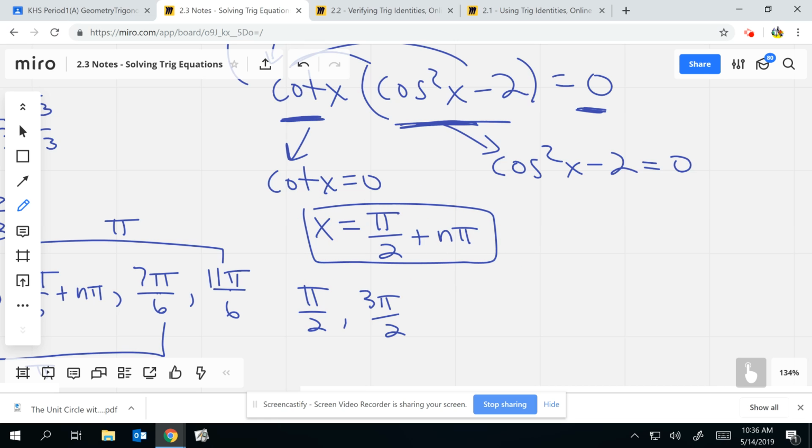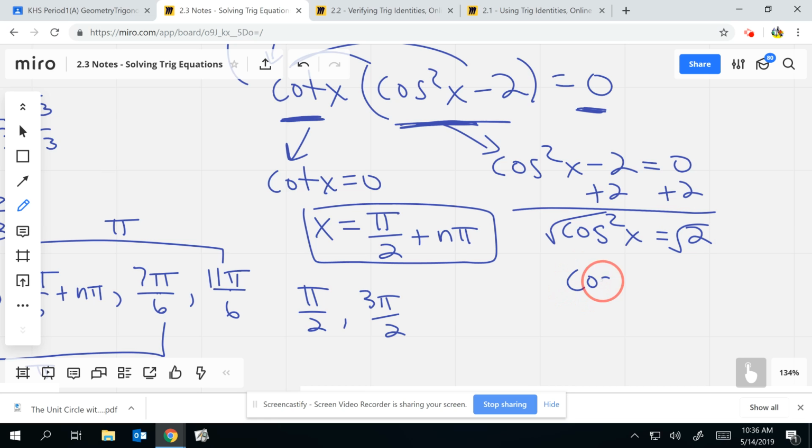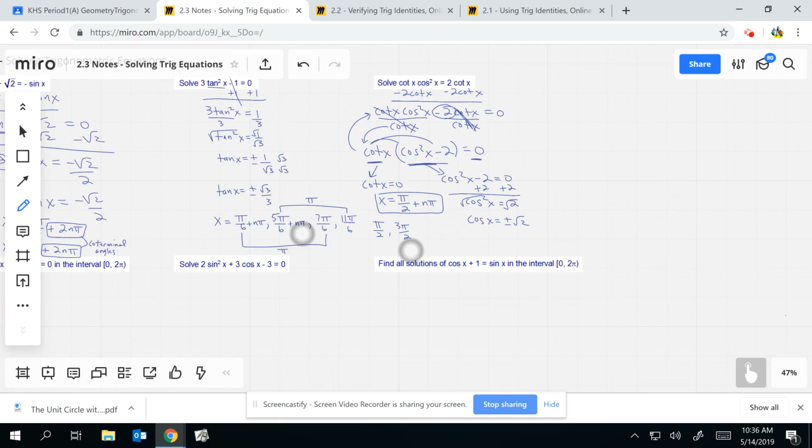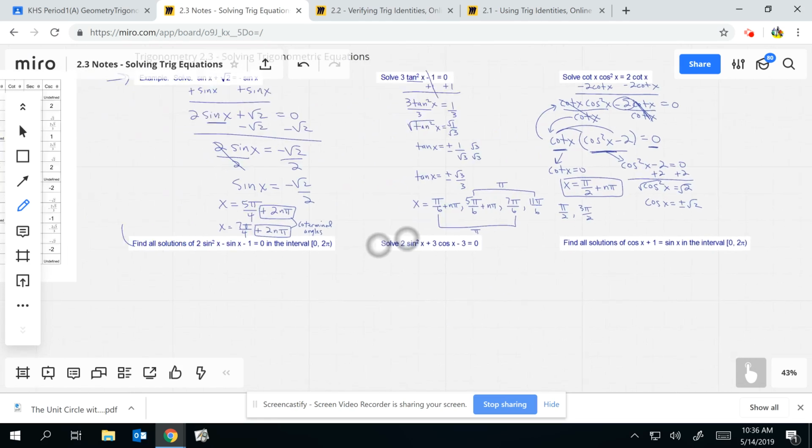That would be fine. Adding 2 here gives you cosine squared x equals 2. And if you square root both sides, then cosine x has to be plus or minus radical 2. Now, if I'm looking at my chart, cosine is never a radical 2.